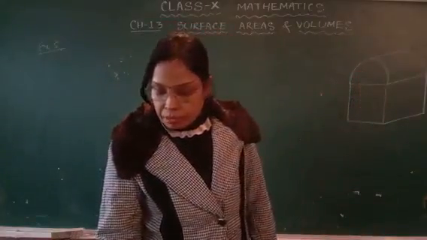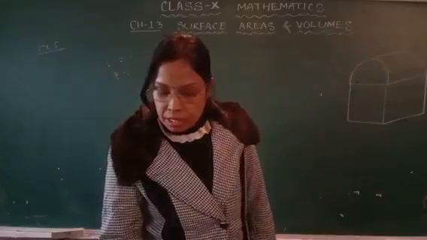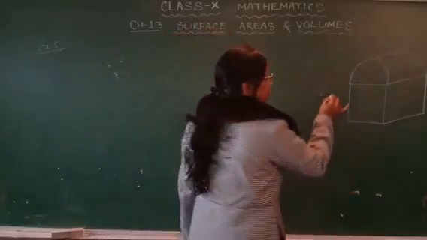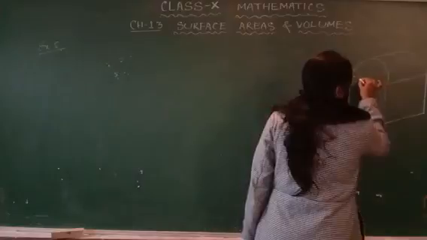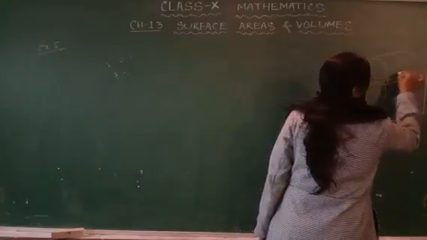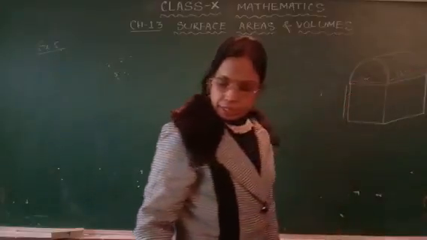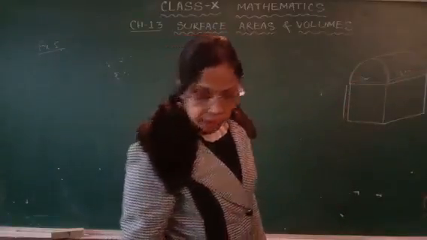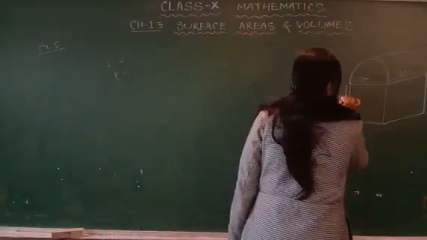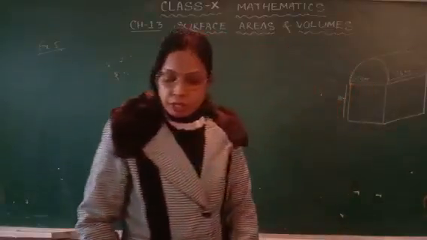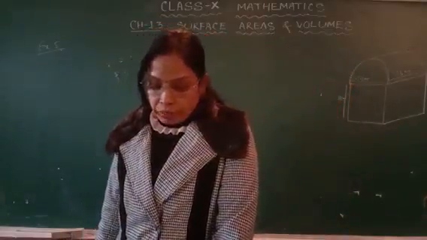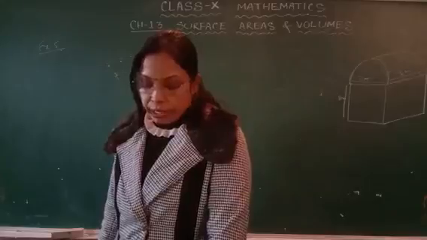If the base of the shed is of dimension 7 meter and 15 meter, so this is 7 meter and the length is 15 meter. And the height of the shed is also given, that is 8 meter. So the question says, find the volume of the air that the shed can hold.